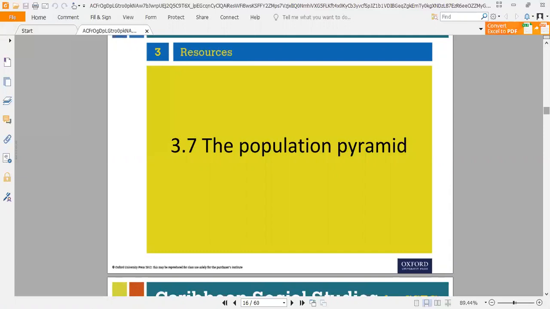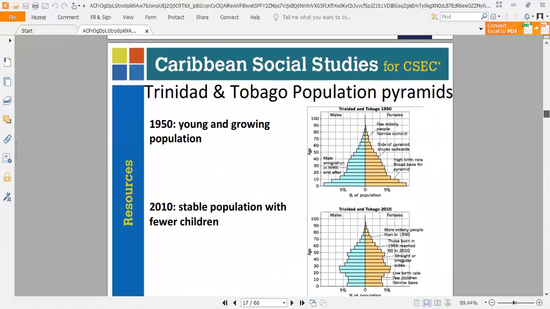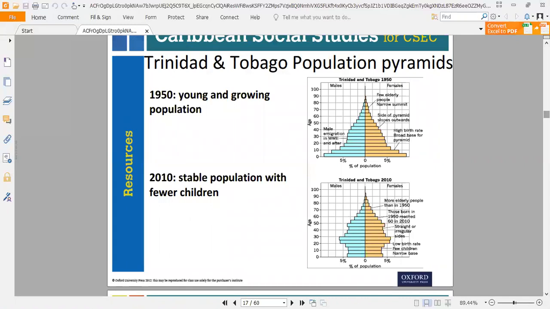Yes, so the next slide, right. So this population here now is showing Trinidad and Tobago, 1950, young and growing population, 2010, stable population with fewer children.